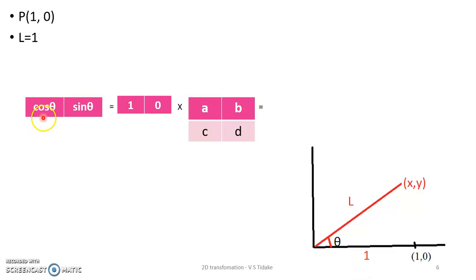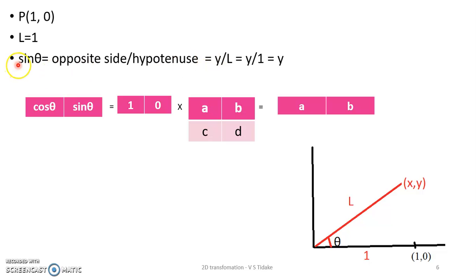So if we calculate cos theta and sin theta, then as our point is 1, 0, and if we multiply it by the matrix A, B, C, D, then we will get another matrix A B. That is cos theta will be A and sin theta will be B. Sin theta in this case is opposite side upon hypotenuse, that is y upon L, but L is 1, so sin theta is equal to y.